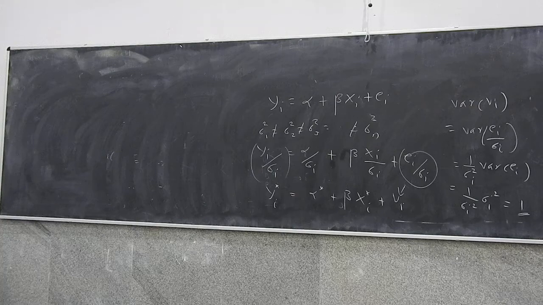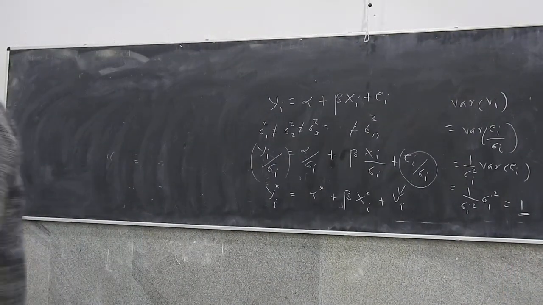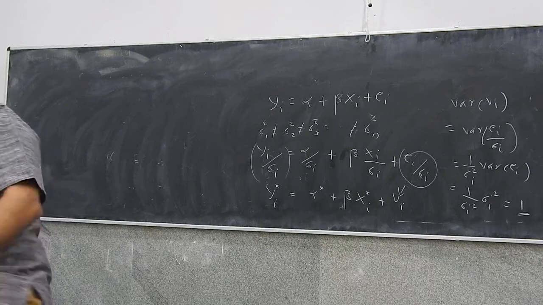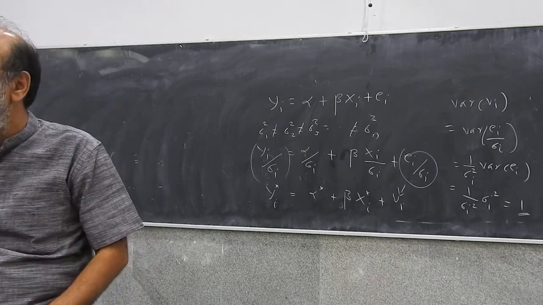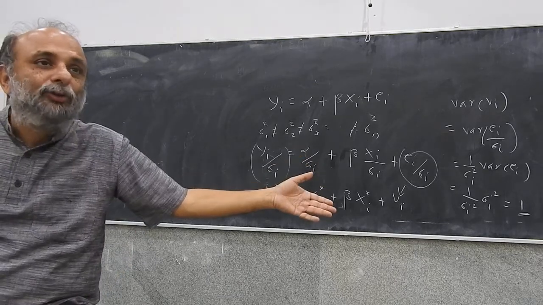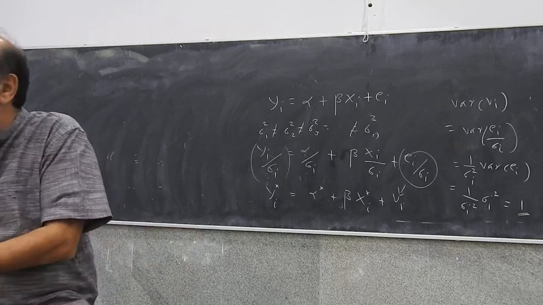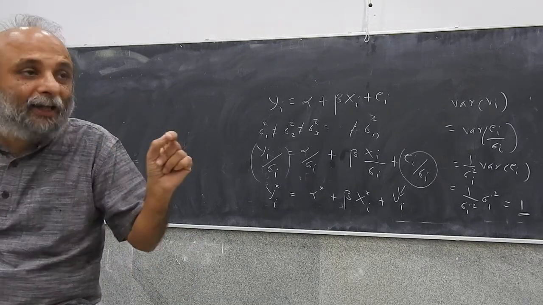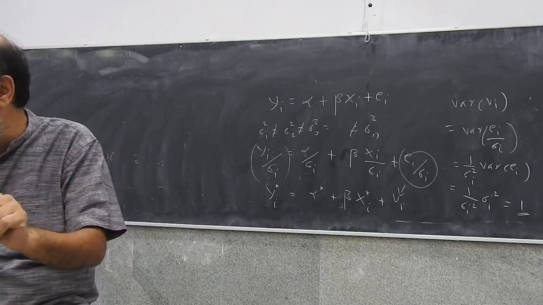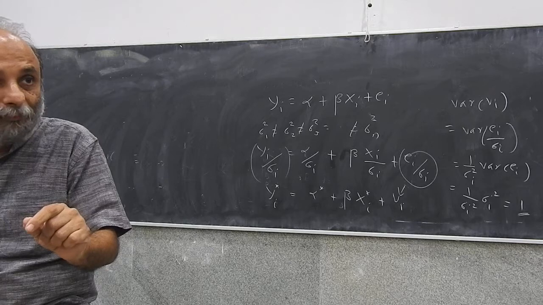Because if I ask you, what is expectation E1 hat square? The average value of E1 squares. Any of the n values can be E1. So the average value of E1 hat square will be nothing but sigma 1 square. So if I use E1 hat square as an estimate for sigma square, I will get an unbiased estimate.